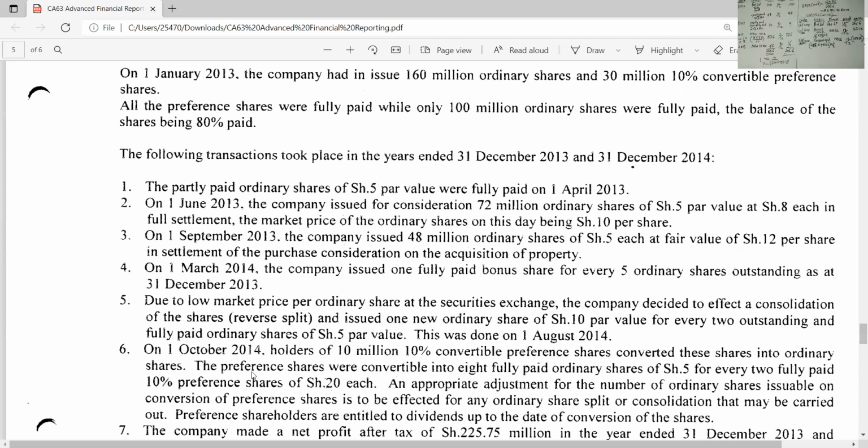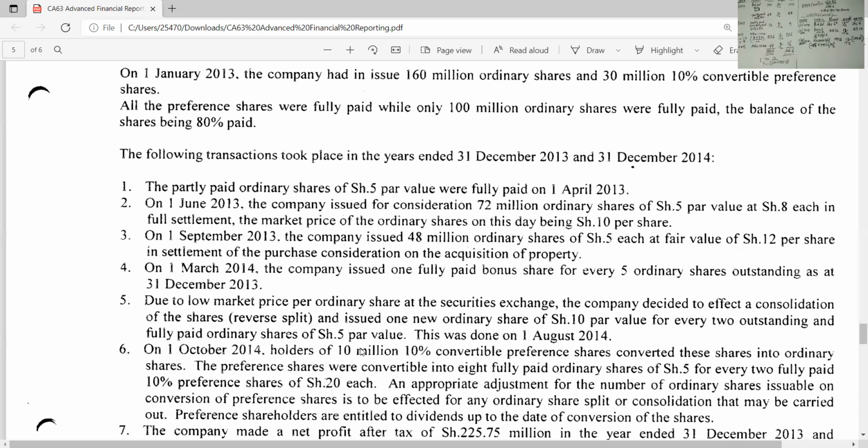That is why they said the preference shares were convertible into 8 fully paid ordinary shares of shillings 5 for every 2 fully paid 10% preference shares. So this proportion is in terms of shares: 8 ordinary is equal to 2 preference.